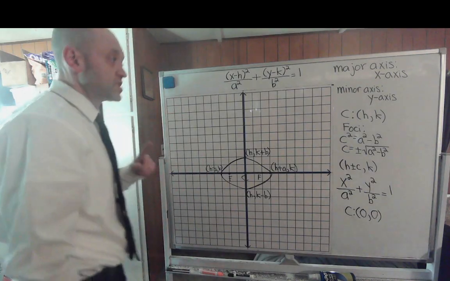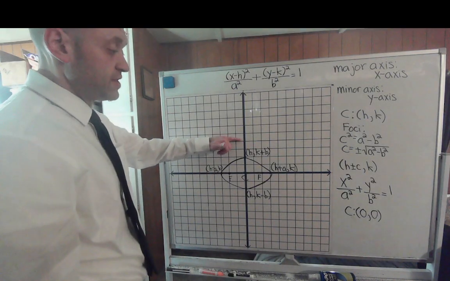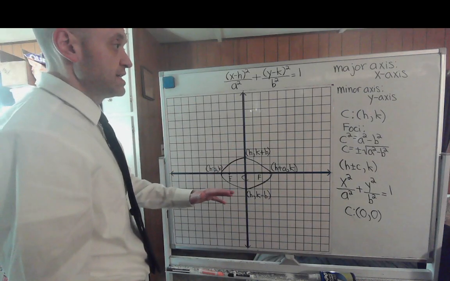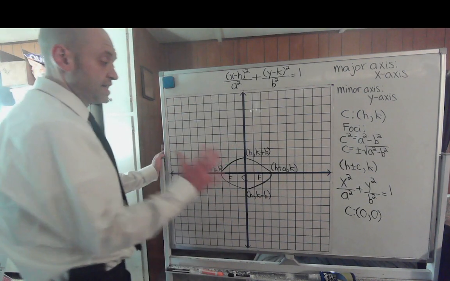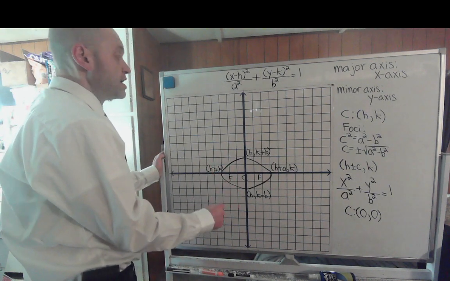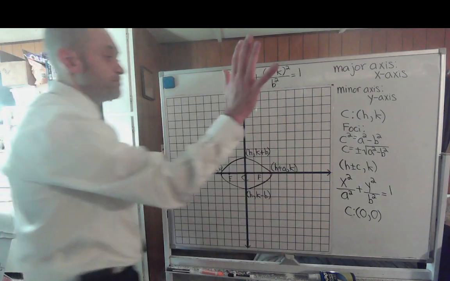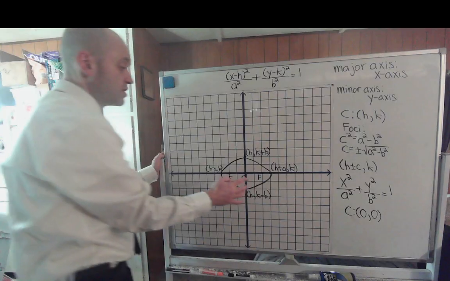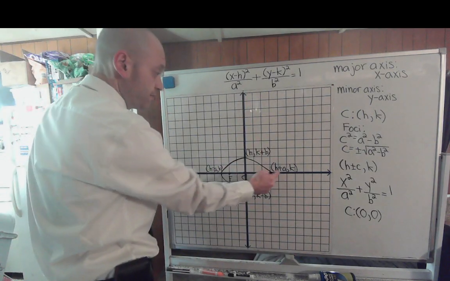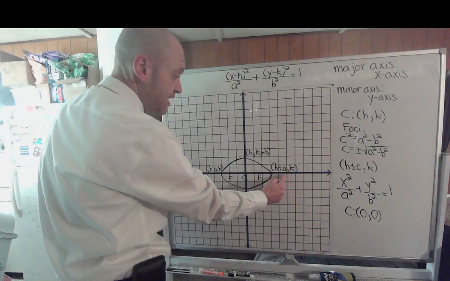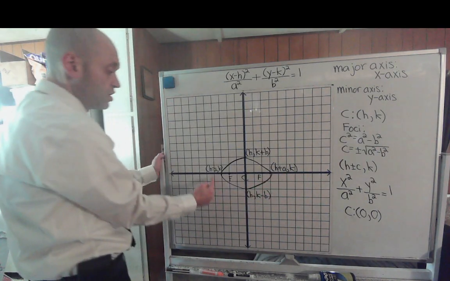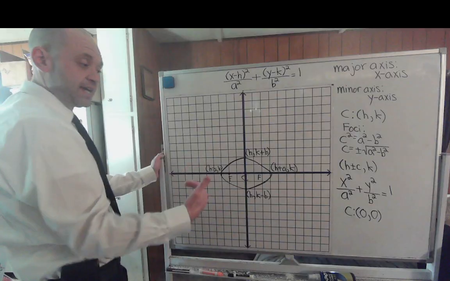Now, of course, you have to get the endpoints of your axes. To get the x endpoints, you'll just take the x-coordinate of your center, and add and subtract a from that. So over here you'd have (h plus a, k), over here you'd have (h minus a, k).